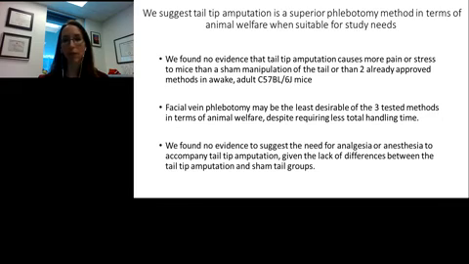So again, facial vein phlebotomy was associated with increased audible vocalizations, increased periods of inactivity, reduced speed in the open field test, and more severe histologic change. And we found no evidence to suggest that providing analgesia or anesthesia with tail tip amputation would be beneficial, given the lack of differences between the tail tip amputation and sham groups.